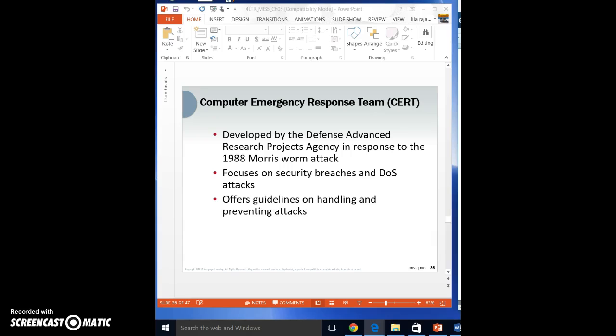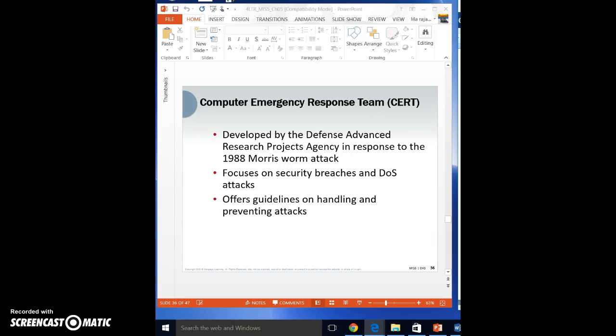Now let's look at the Computer Emergency Response Team. A Computer Emergency Response Team was developed by the Defense Advanced Research Projects Agency in response to the 1988 worm attack called Morris, which actually disabled 10% of the computers that were connected to the internet. Many organizations now follow the CERT model to form different teams that can handle network intrusions and attacks quickly and effectively.